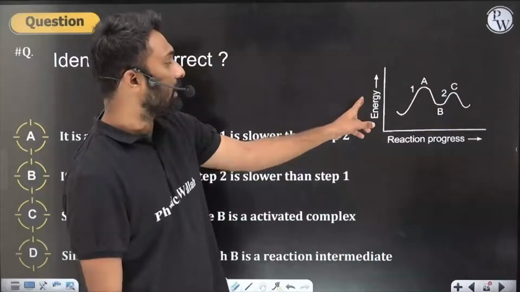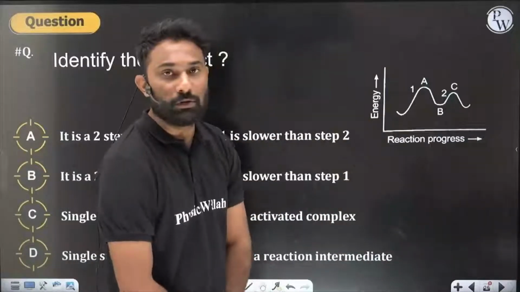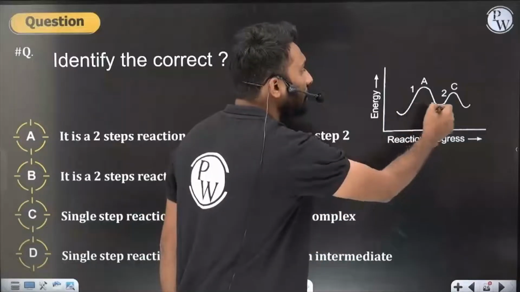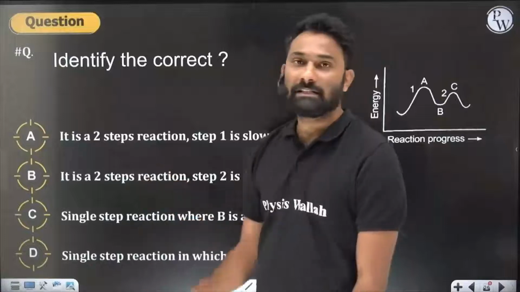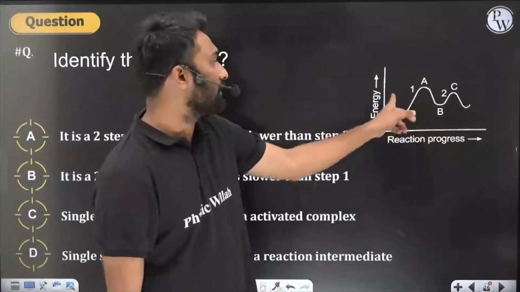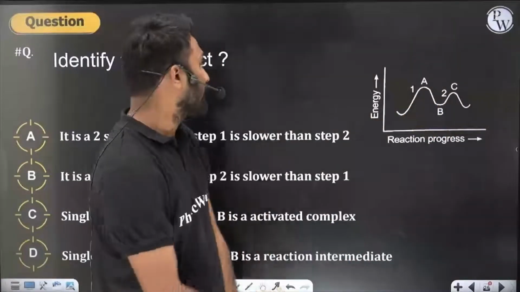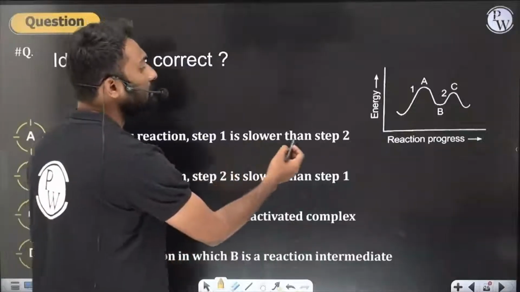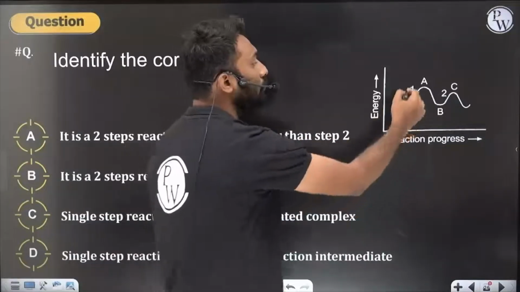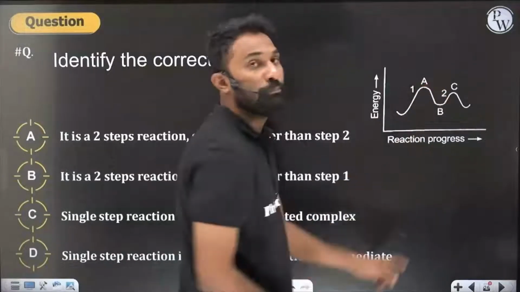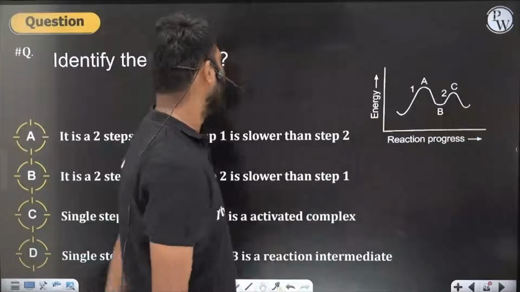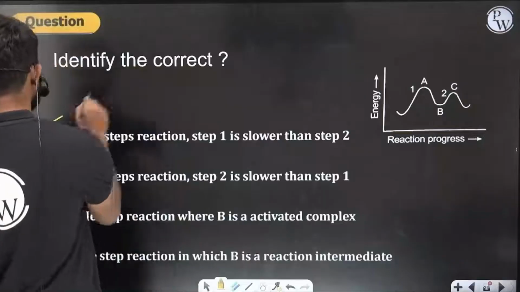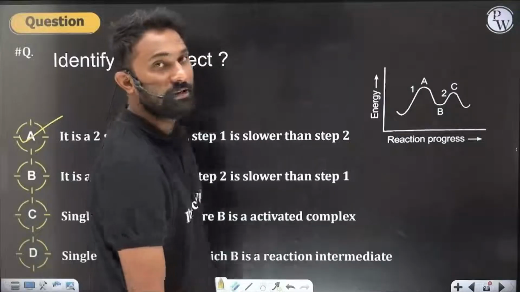Now here they have given energy versus reaction progress. Now here there is an intermediate, means it is a two-step reaction. By the graph we get to know this is a two-step reaction. Now step 1 is slower than step 2. Up to here is the slow process, then it will become faster. Now option A is correct for this one.